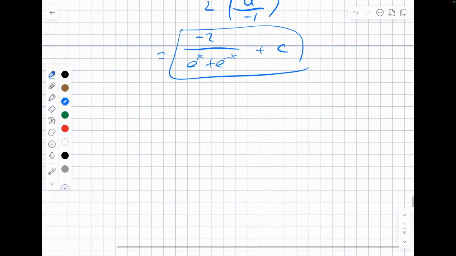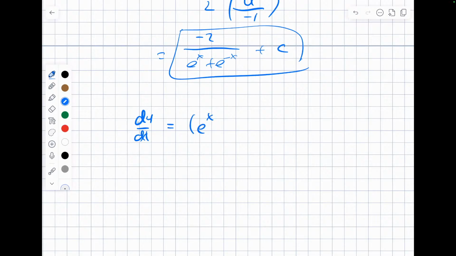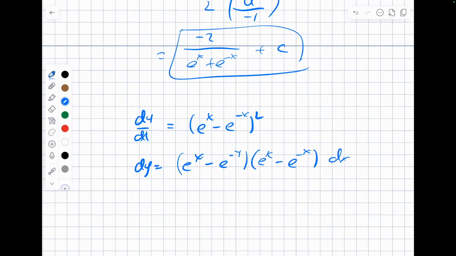What's the best way to do 120? If it's me, I'll probably choose expansion, because I can't really do u substitution there. So I would choose to do math first. dy is equal to, first of all, I'm going to move the dx to the other side, so e to the x minus e to the negative x, squared, dx.